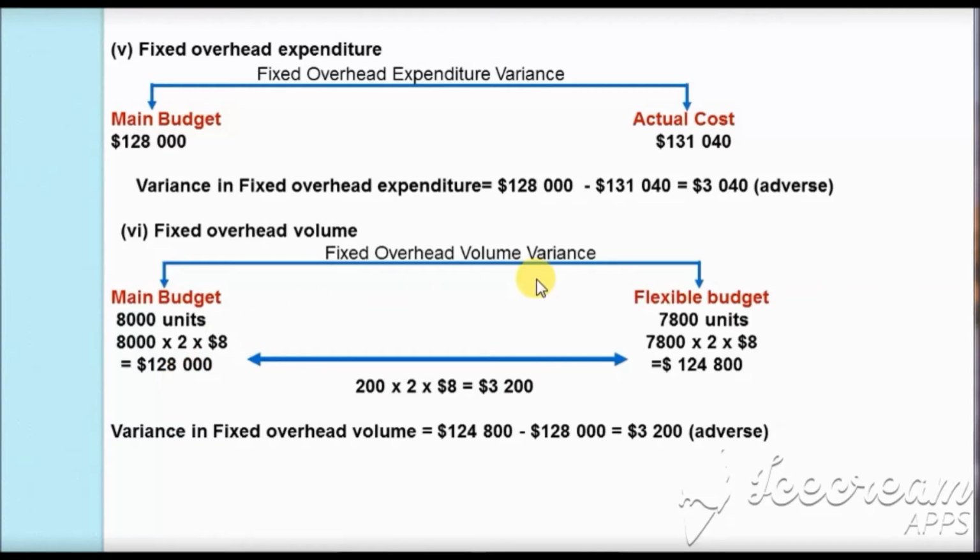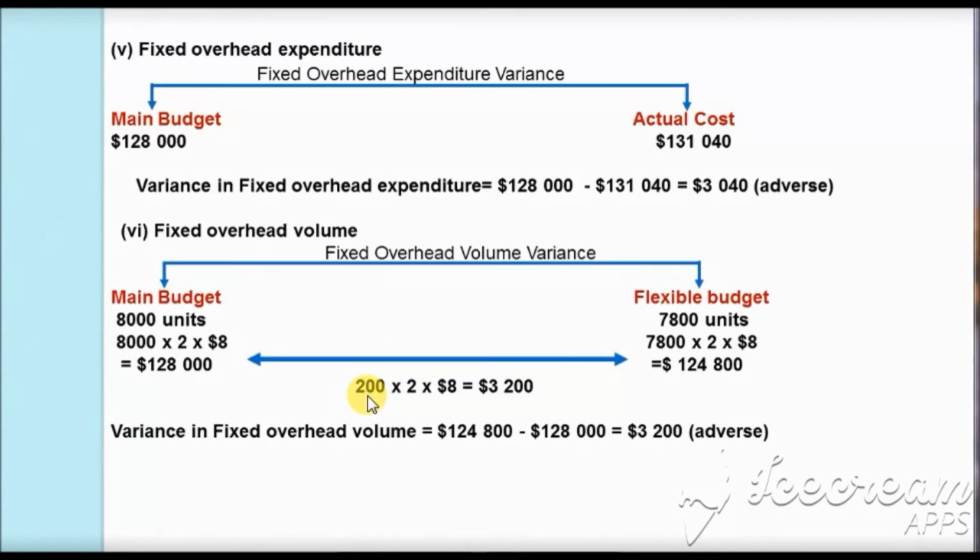However, when the actual production was done, we produced only 7,800 units, and for 7,800 units it will be 7,800 times 2 times 8, which will be $124,800. And because of this, that is because of the reduction in the production from 8,000 to 7,800, we were not able to produce this 200 units.